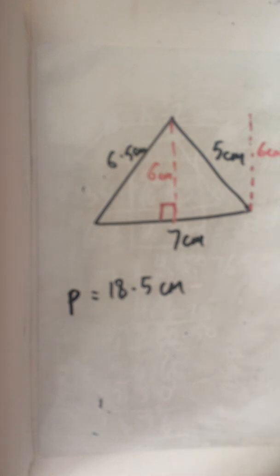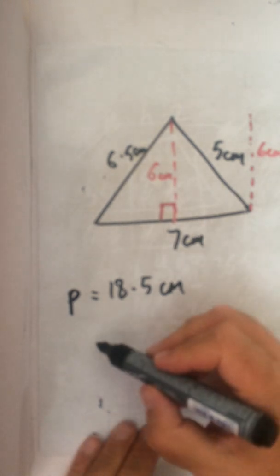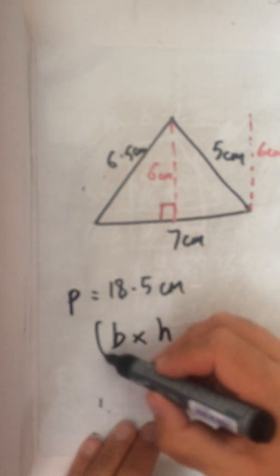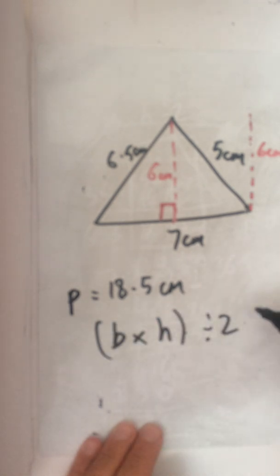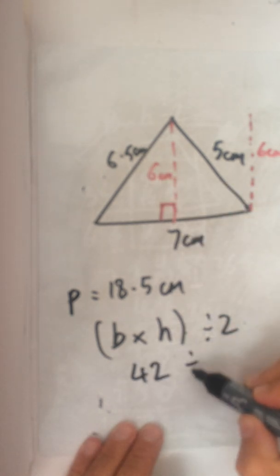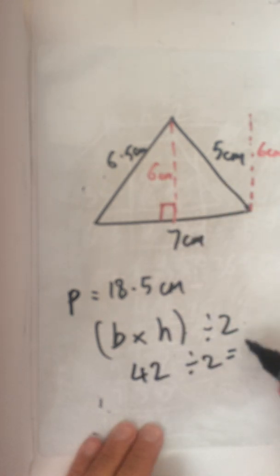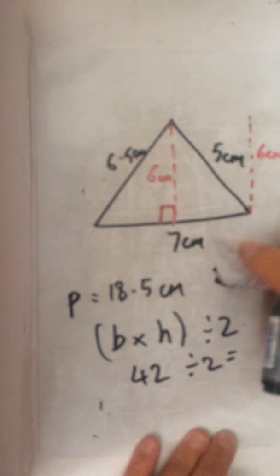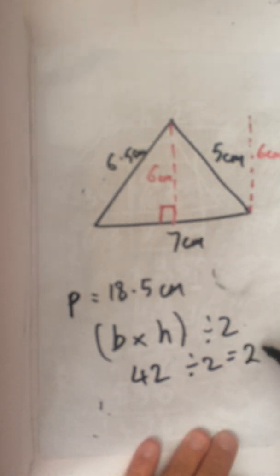So for most people, I think most people just like to do base times height, and then after they've done that they divide that by 2. So 7 times 6 is 42. 42 divided by 2, half of 42. If you need to do bus stop method, do bus stop method, okay, when you're dividing by 2, equals 21.